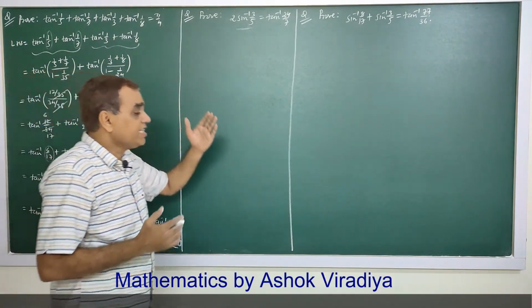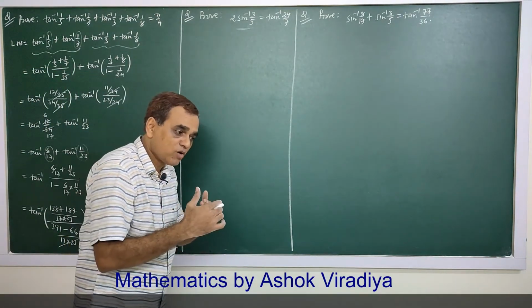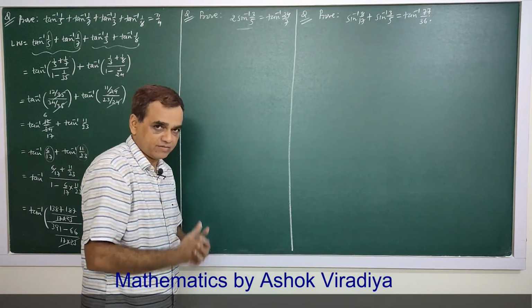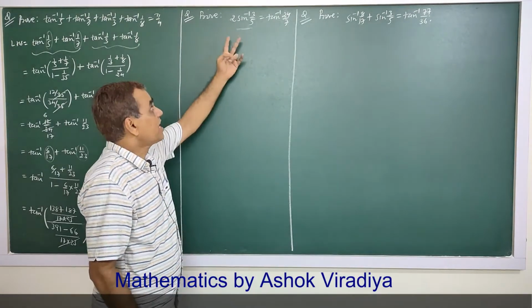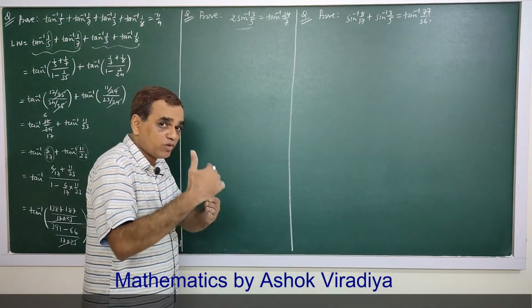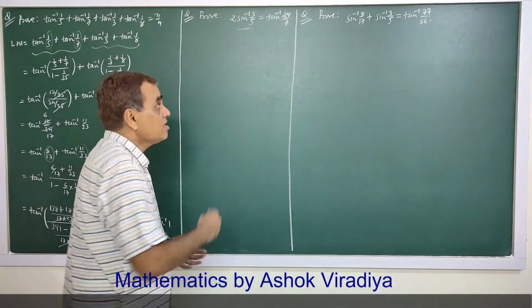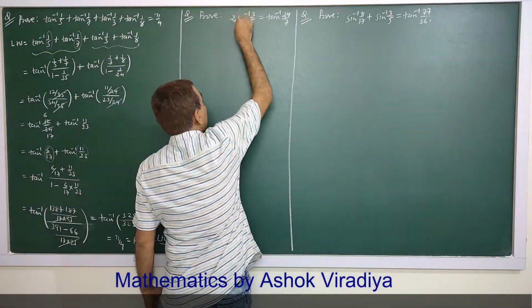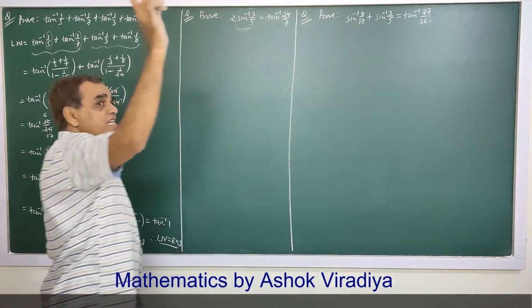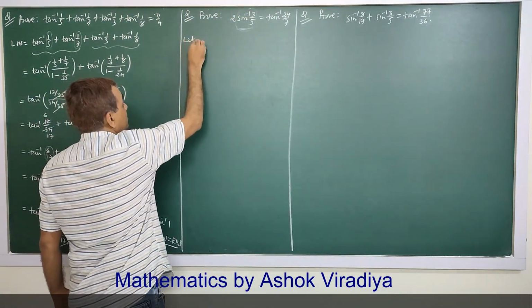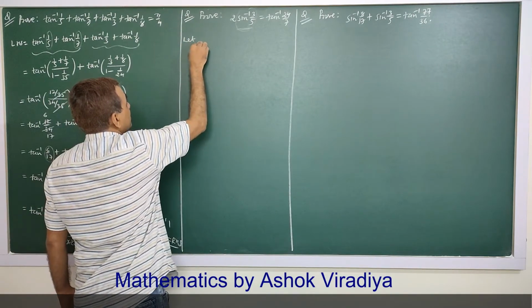Sine inverse 3 by 5 is equal to tan inverse of how much? That is the question. In short, we want to convert this into tan inverse, because the RHS is tan inverse.